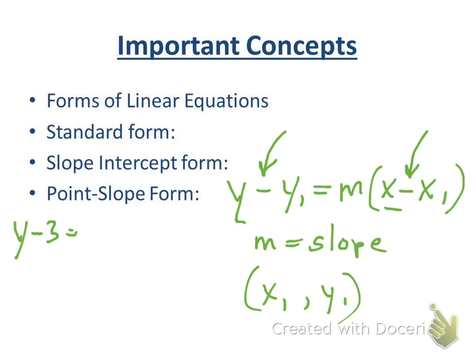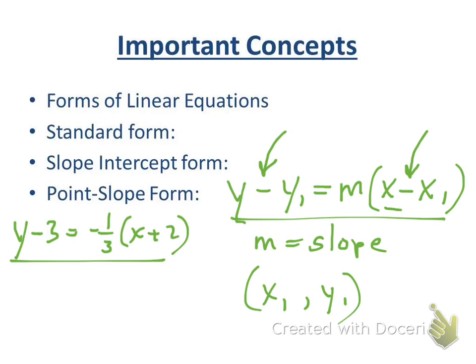Y minus 3 equals negative 1/3 times x plus 2. That's point slope formula, right? What's the slope of this line? Negative 1/3, and it passes through the point negative 2, positive 3.